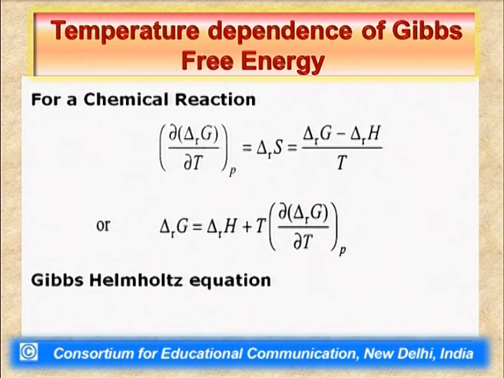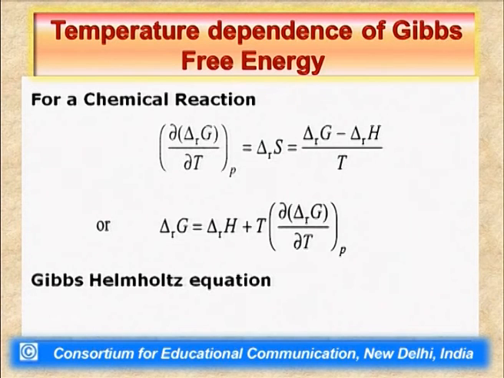If you remember, del G by del T at constant P equal to minus S. So, del of delta R G by del T at constant P equal to minus delta R S, and now this minus delta R S is equal to delta R G minus delta R H by T, which we can rearrange, and then what we get is delta R G equal to delta R H plus T into del of delta R G by del T at constant P. So, what is this equation?